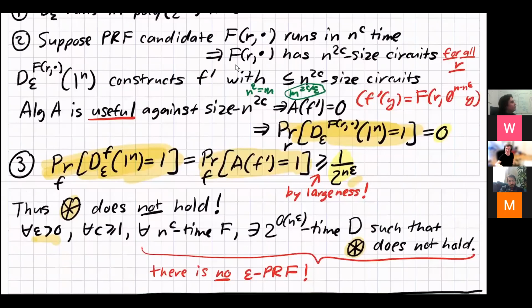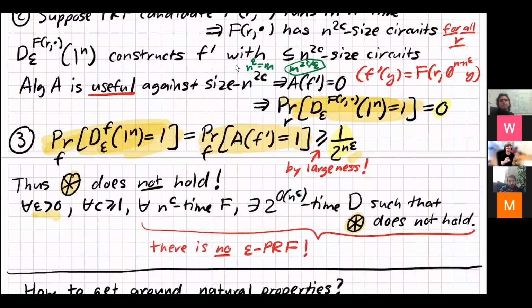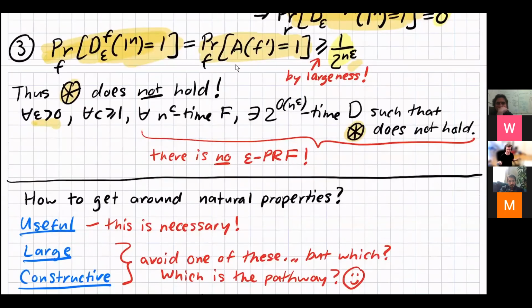So the next question is, how do you get around natural properties? It only has 3 conditions on it, and they seem pretty useful, or natural. Usefulness, I argued already, is necessary. If you're going to prove a lower bound, you've got to have some property that says these algorithms or these circuits are easy, whereas this function is hard.